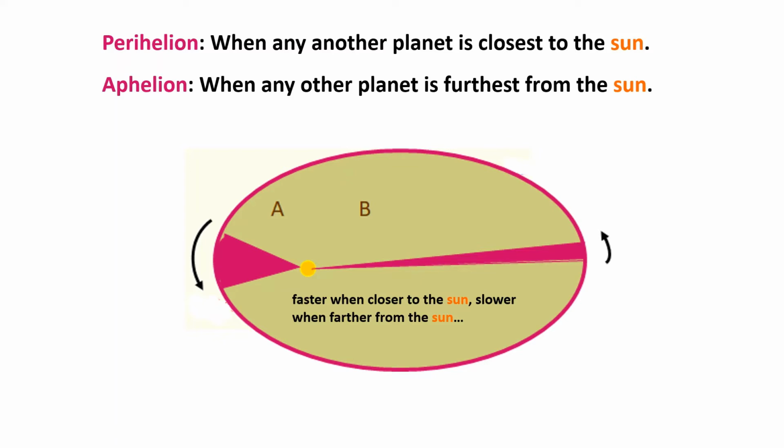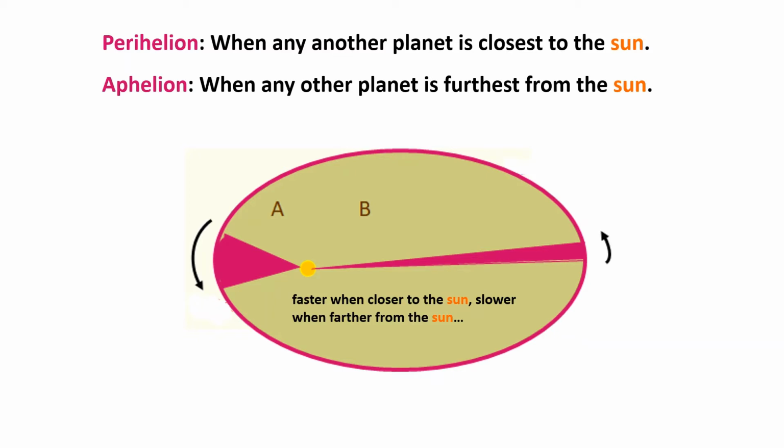So in the diagram it says faster when closer to the Sun, slower when further away from the Sun. Because if you're further away, the gravitational attraction is weaker. If you're closer to the Sun, you have a stronger gravitational attraction. If you're further away, there is a weak gravitational attraction.